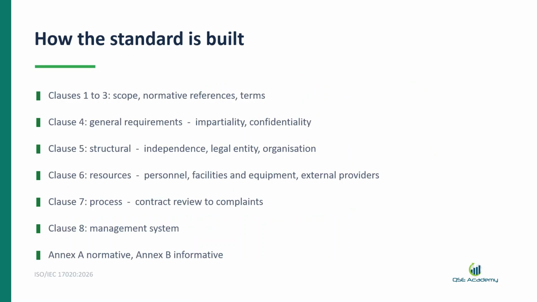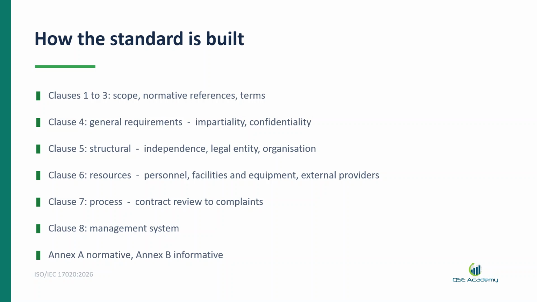Let's start with the shape of the thing. Clauses 1 to 3 are scope, normative references, and terms. Useful, but nobody is assessed on them. Clause 4 is general requirements, and it holds impartiality and confidentiality. Clause 5 is structural. Independence, legal entity and liabilities, organization and management. Clause 6 is resources, personnel, facilities and equipment, and externally provided products and services.